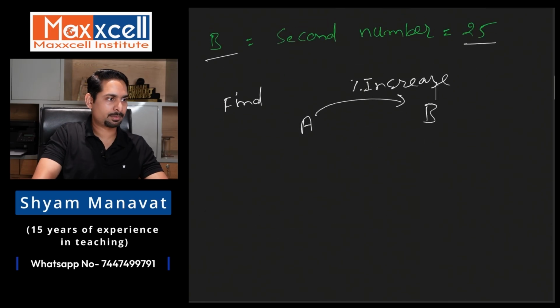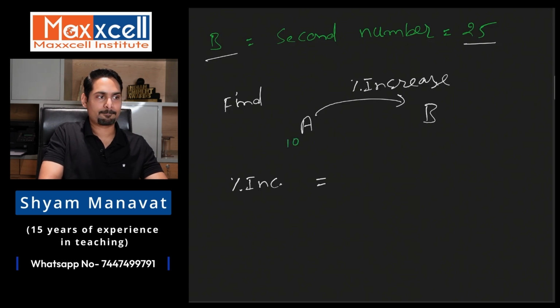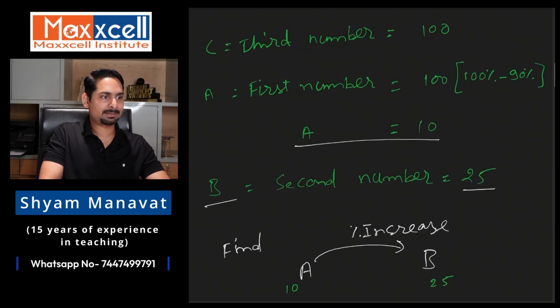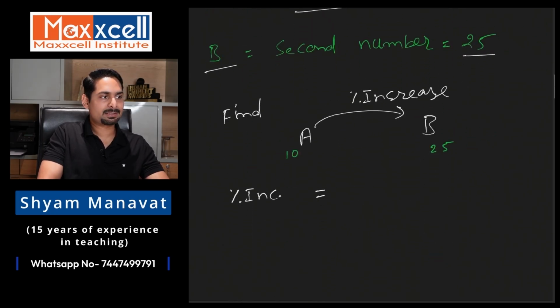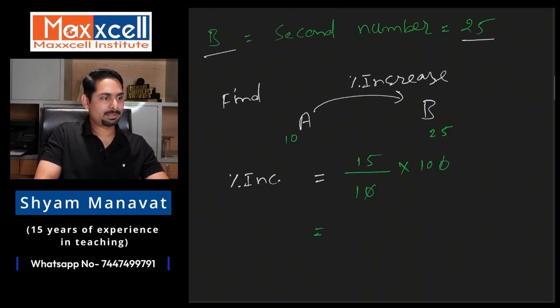So the percentage increase formula: difference by initial. A equal to how much? 10. What is the B value? 25. We got it just now. A is 10, B is 25. The difference is how much? 15. Starting from 10, the initial is 10. Multiply by 100 to get the percentage. How much will it give you? It will give you 150%.